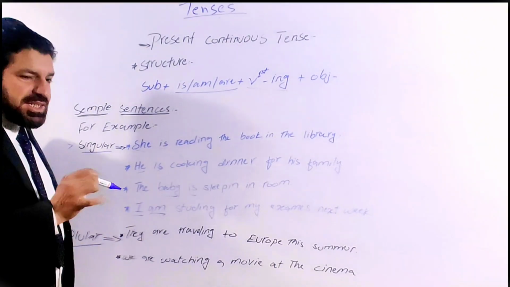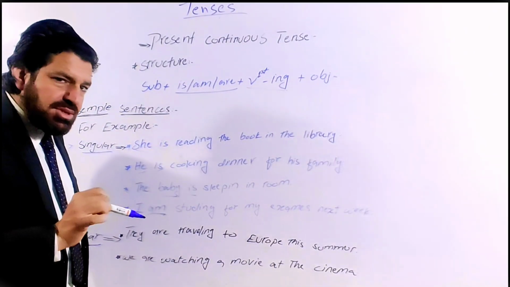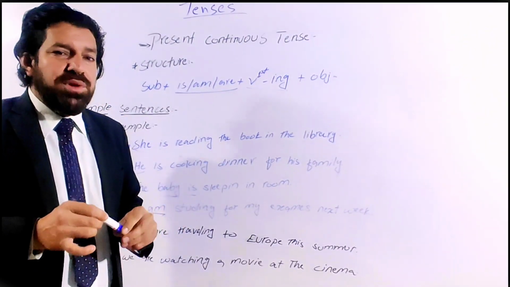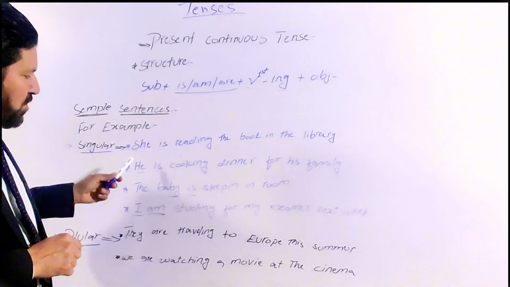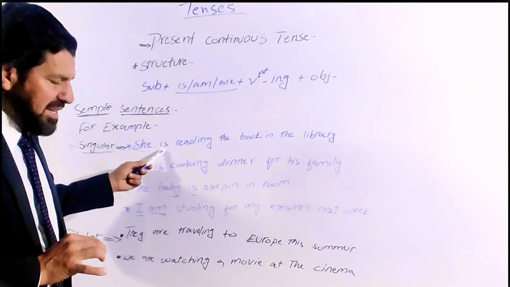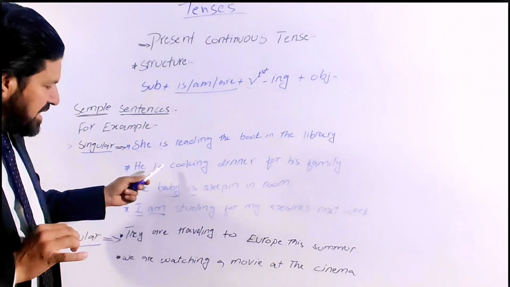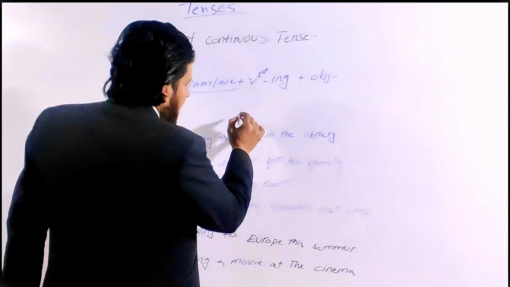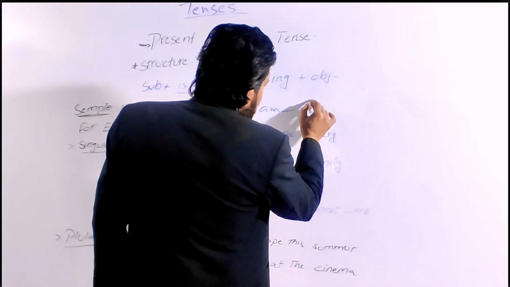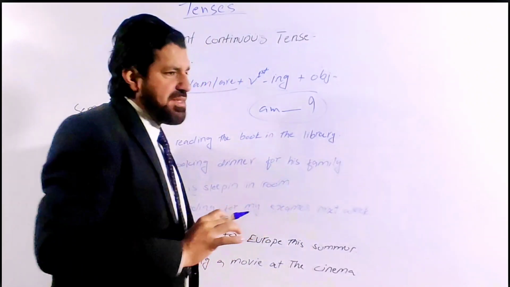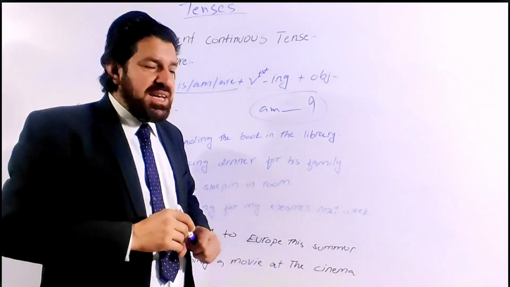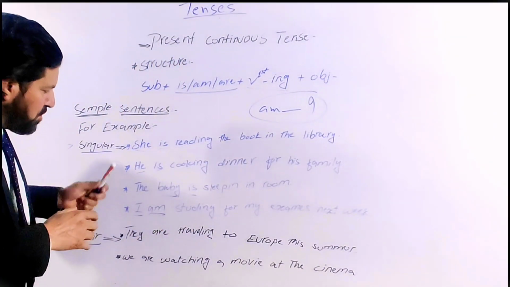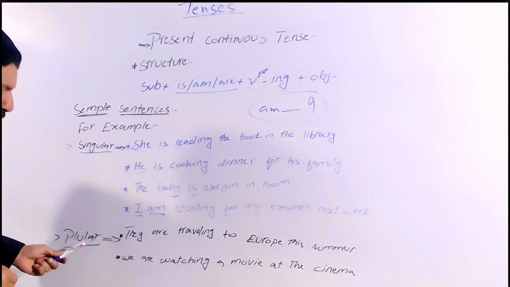These are our singular nouns and singular pronouns. We know that with a singular noun and pronoun we have to use a singular helping verb. So she is, he is, the baby is, and I am. And am is used only with I. You have to fix this in your mind that am is used only with I, in present continuous tense.